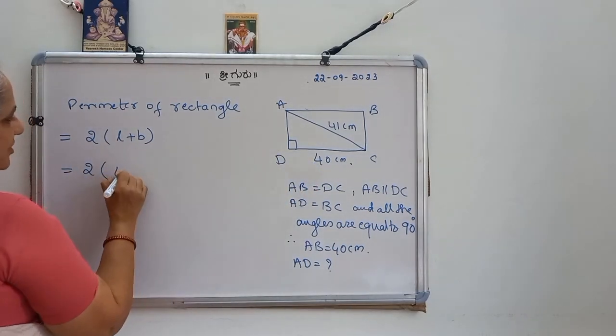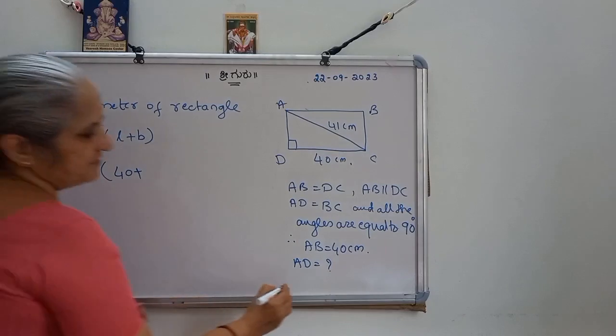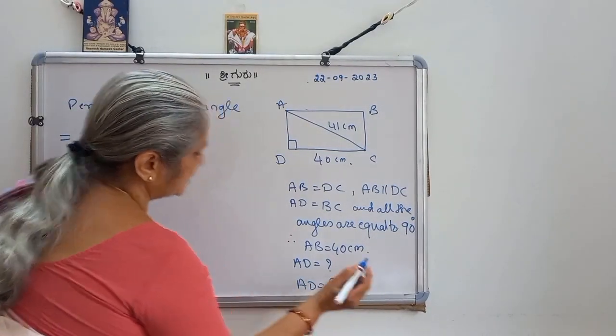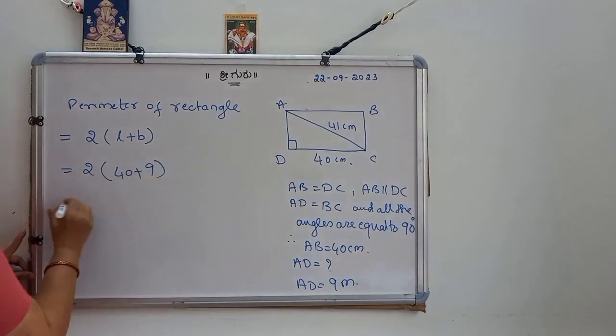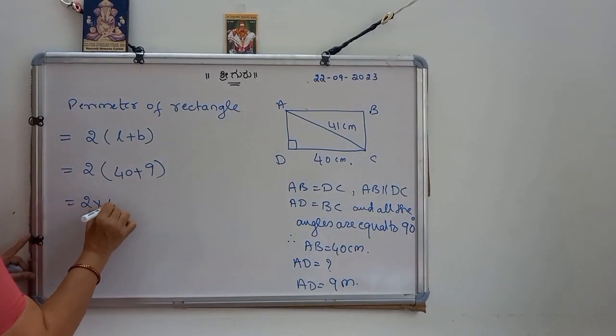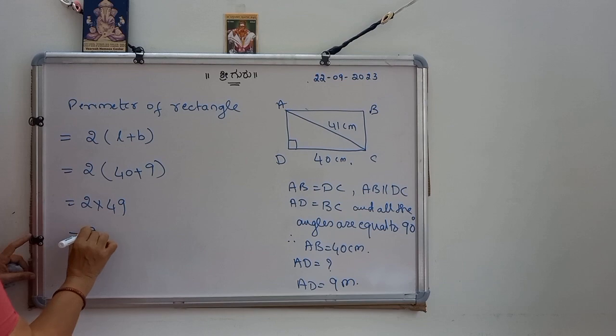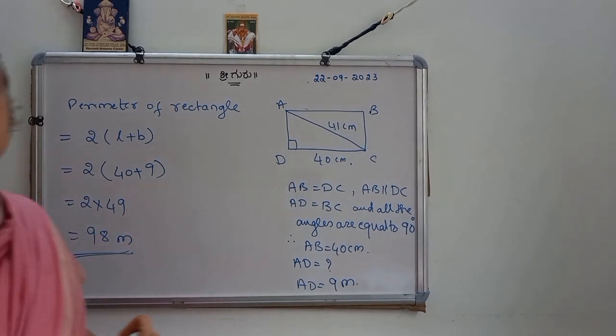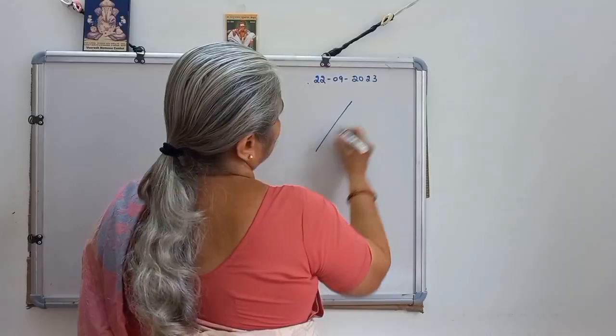Here length is 40 plus AD, we found that AD is equal to 9 meters, so 40 plus 9. This is equal to 2 into 49, which is 98 meters. Therefore, the perimeter of the rectangle is 98 meters.